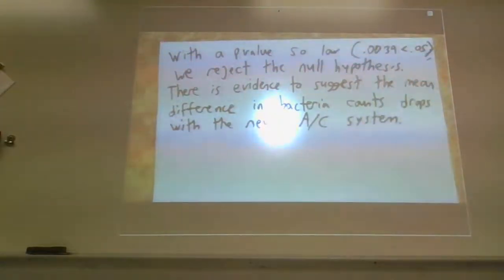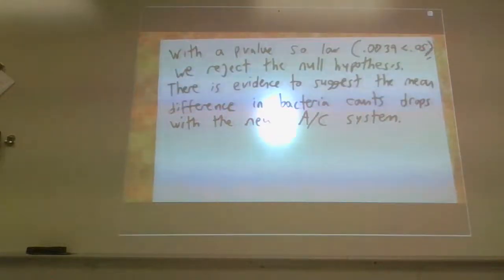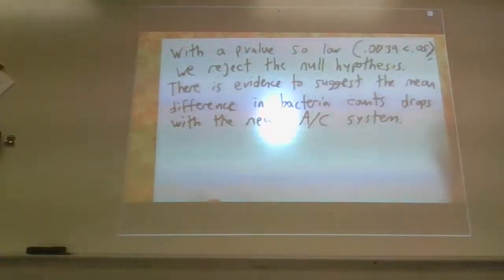I'm trying to put it into the context of the problem, which is why I went back to the wording of the question. It says, has the new system succeeded in lowering the bacterial count? They did say to base it on a confidence interval, so I'm going to have to go back and do that real quick. I just wanted to run the t-test to kind of show what it looked like. There's evidence to suggest the mean difference in bacteria counts drops with the new AC system.